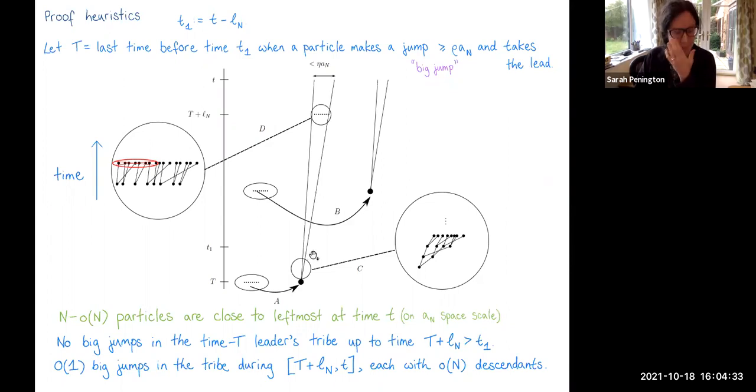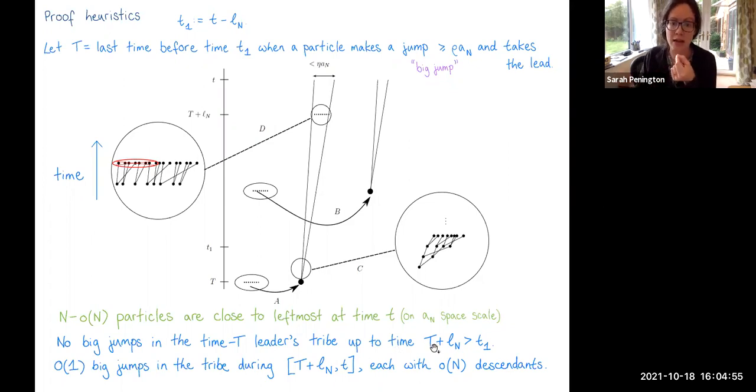And then it's not too hard to see that there are no big jumps made by particles in this tribe descended from this particle up to time t plus ln. That's because big jumps happen at rate 1 over ln if you're allowing big jumps to come from any of the n particles.